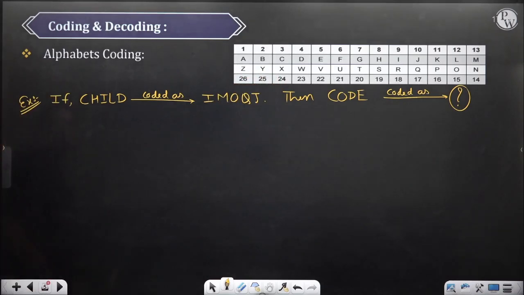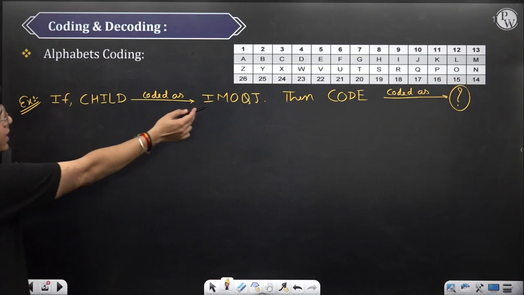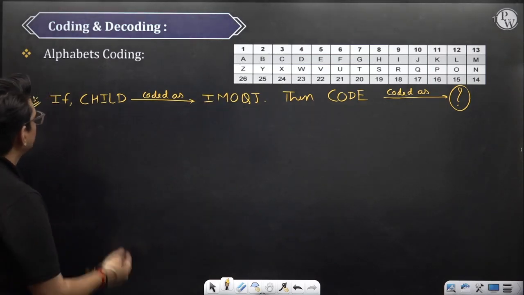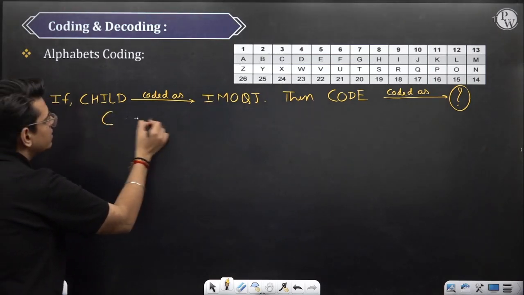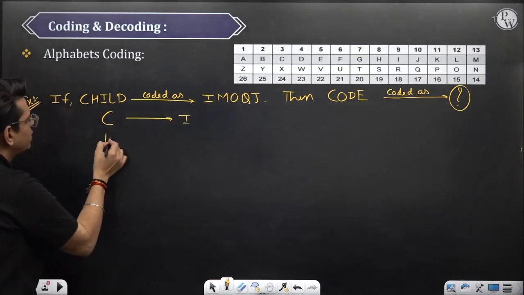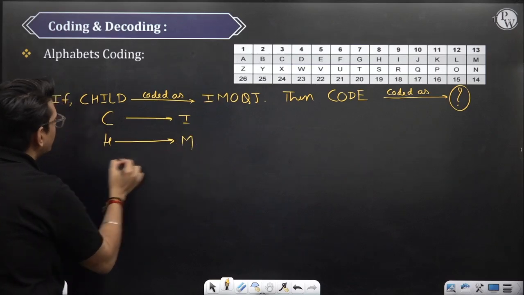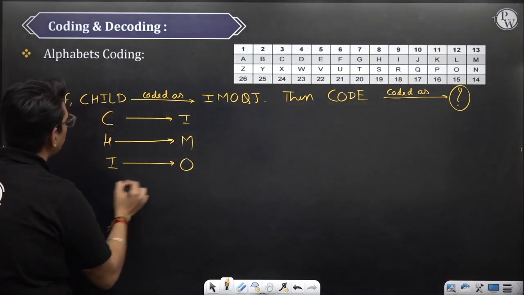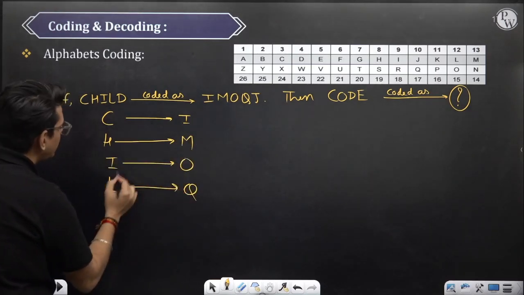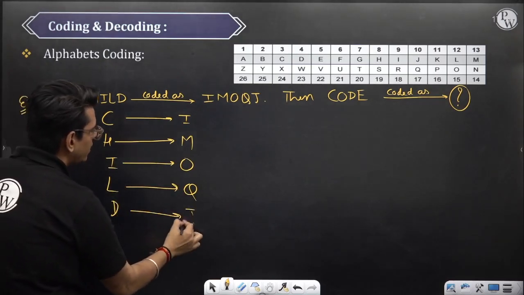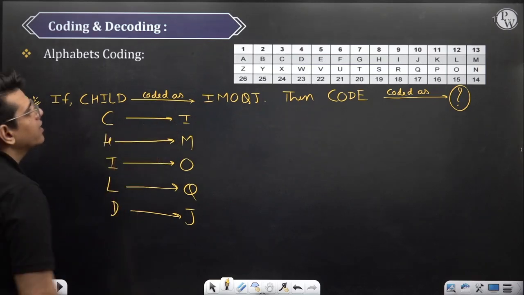For example, if CHILD is coded as IMOQJ, let me write: C is I, H is M, I is O, L is Q, and D is J. Now let's see how C and I are connected.